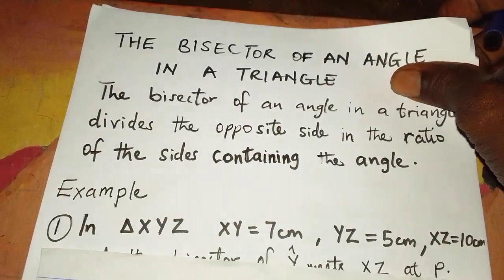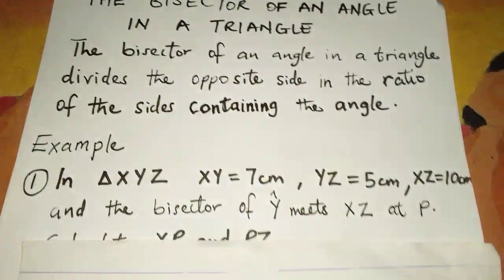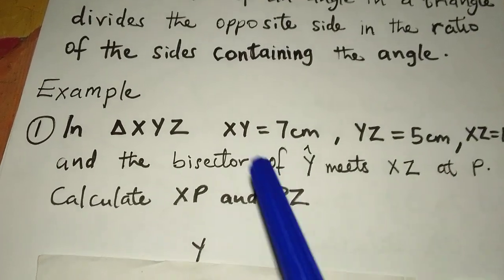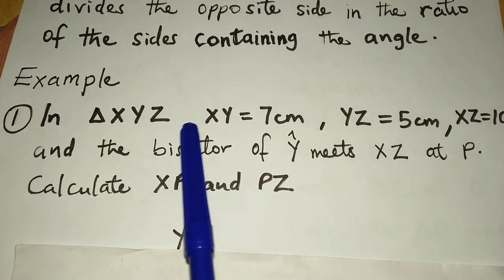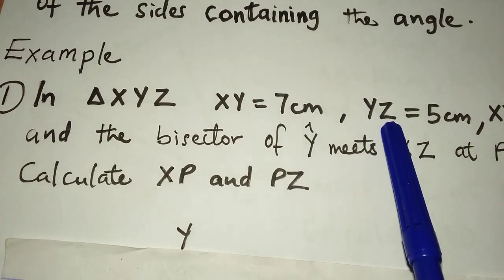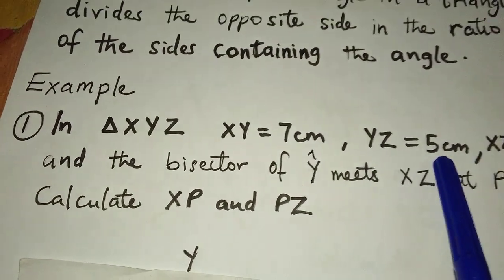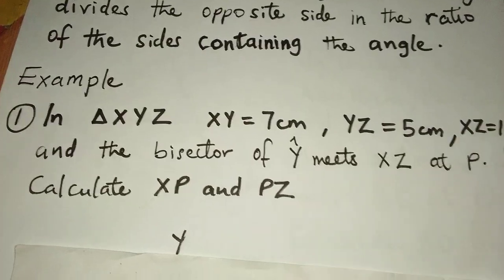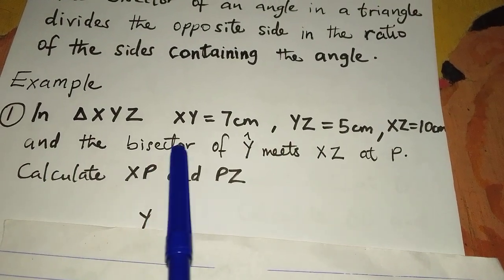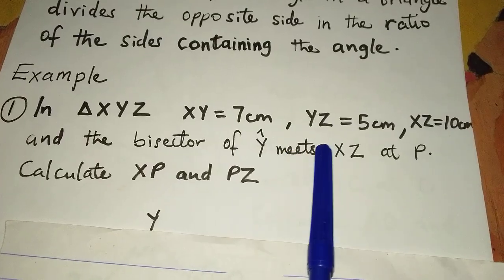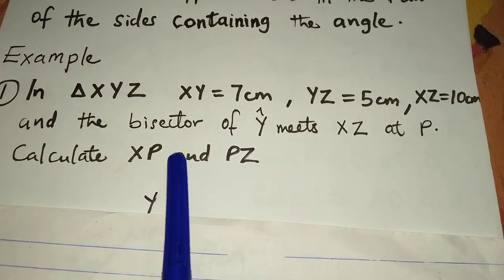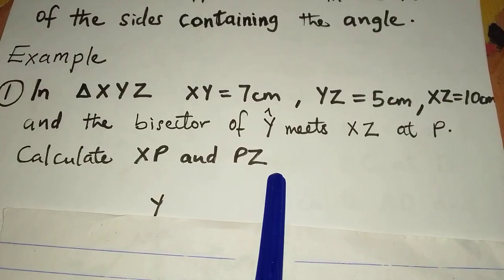For example, in a triangle XYZ, XY equals 7 cm, YZ equals 5 cm, XZ equals 10 cm, and the bisector of Y meets XZ at P. Calculate XP and PZ.